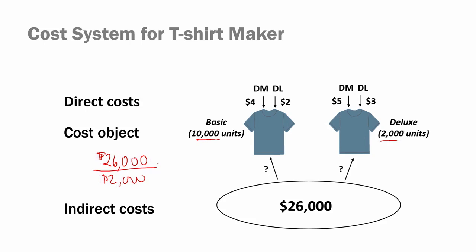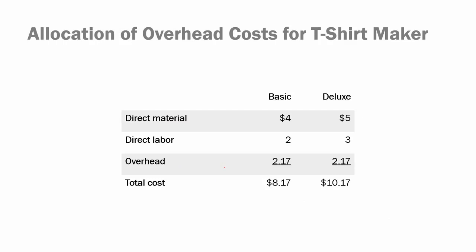So we could just simply allocate each t-shirt $2.17 in overhead. If we did that, this results in an estimated cost of $8.17 for the basic t-shirt and $10.17 for the deluxe t-shirt. Simple, huh? Yep, it's a piece of cake.